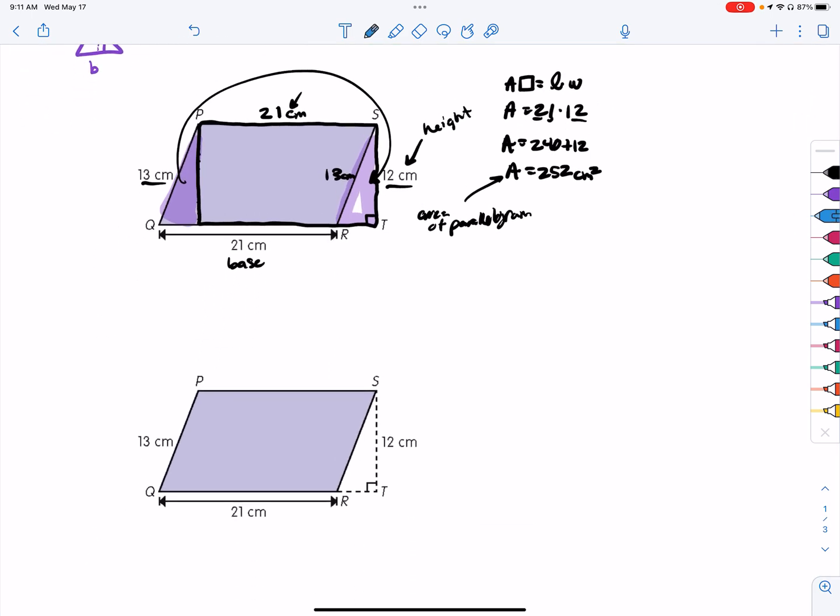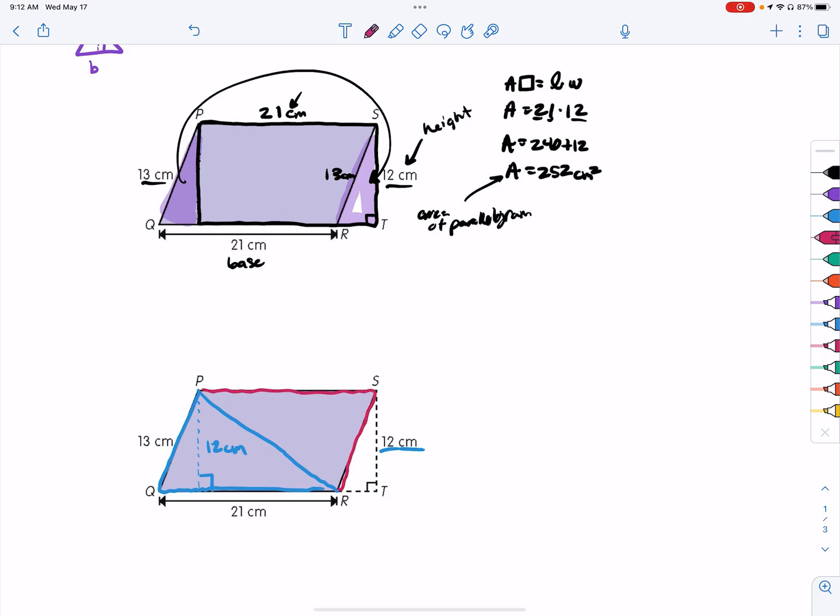So if we take this parallelogram and we chop it into two separate triangles like that, we know that we can find the area of triangles by doing 1/2 base times height. So if this is 12 centimeters here, because it's the same height there, parallelograms have parallel lines, we have one triangle that we'll do in blue, and then we have another one that we can do in red.